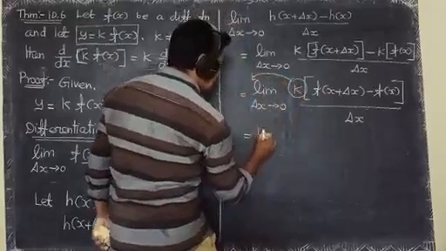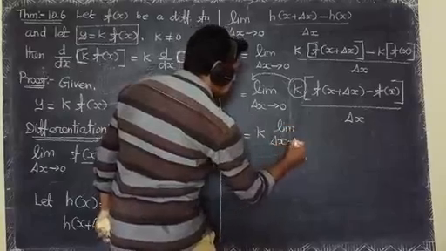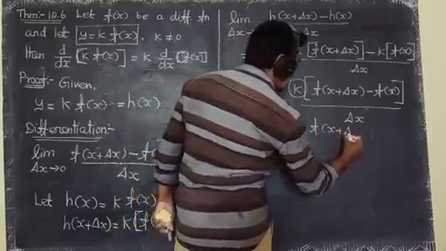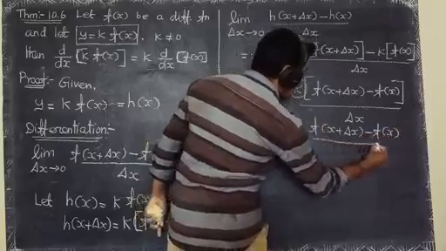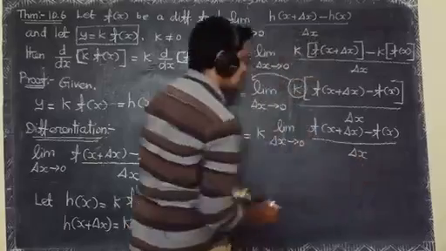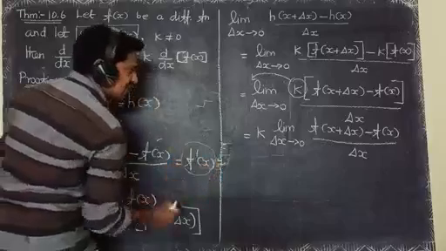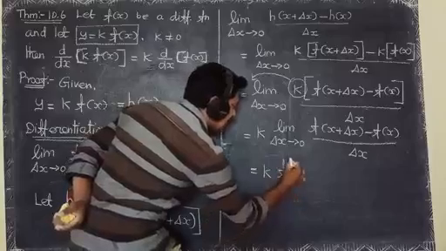That is k into the limit as del x approaches 0 of f of x plus del x minus f of x, divided by del x. This is called the differentiation, that is f dash of x, which is equal to k into f dash of x.